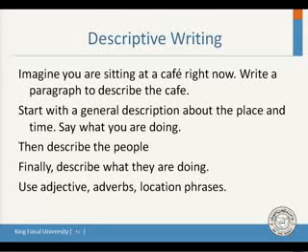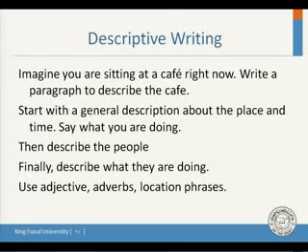Now, try to write something like this. Imagine you are sitting at a cafe right now and write a paragraph to describe the cafe. Write a paragraph to describe the cafe. Start with a general description about the place and time, and say what you are doing. After that, describe the people in that place.